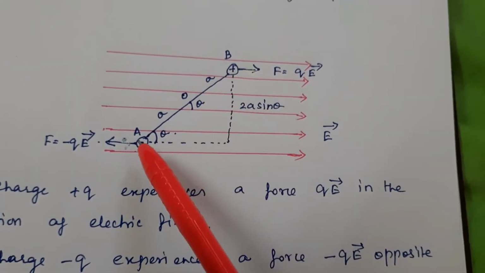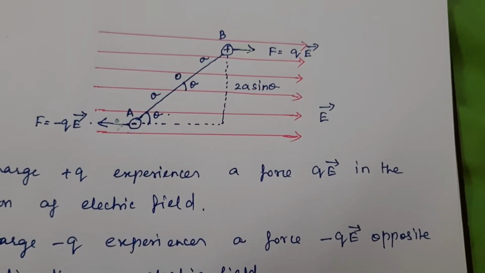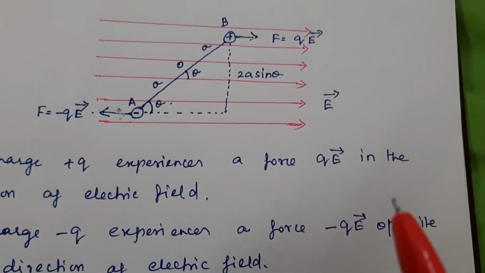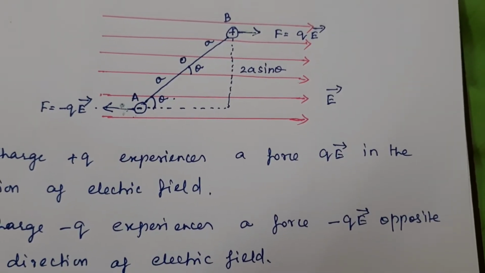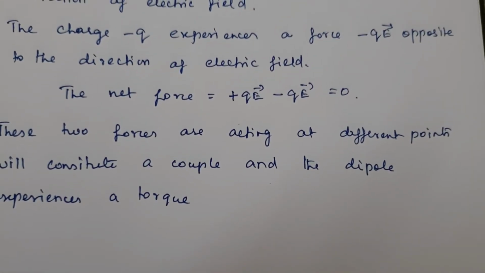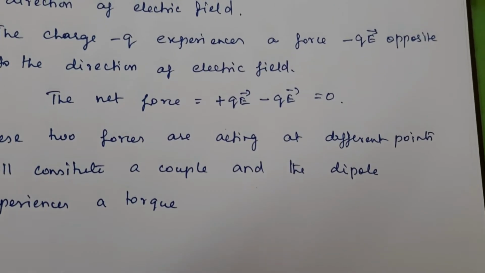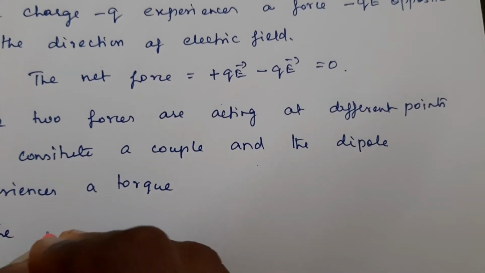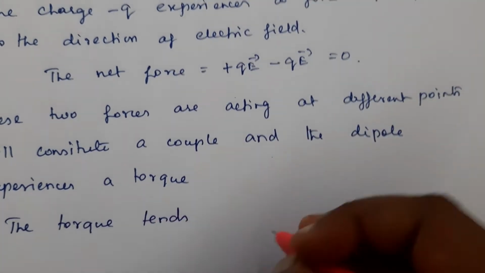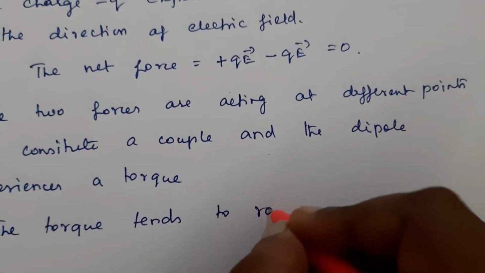Since they are acting at different points, they will constitute a couple, and this couple will produce a torque. Now the torque will tend to rotate the dipole.